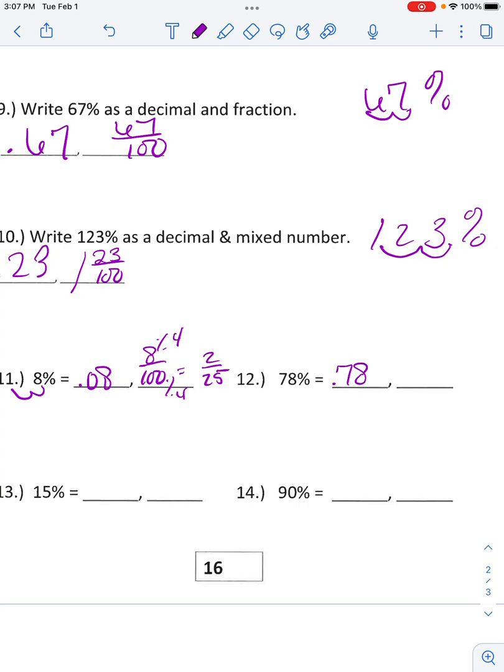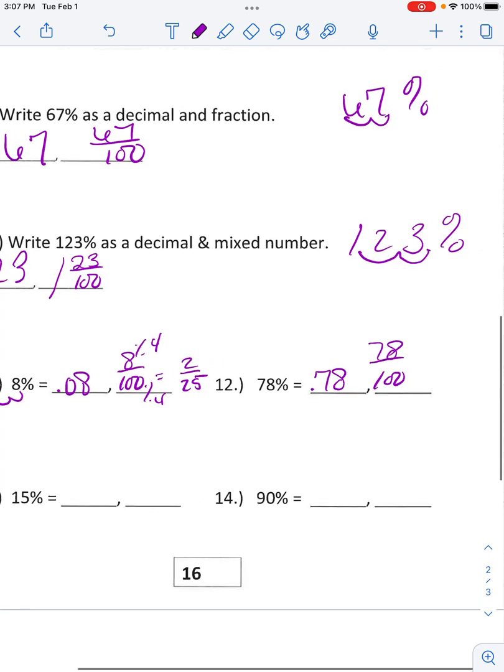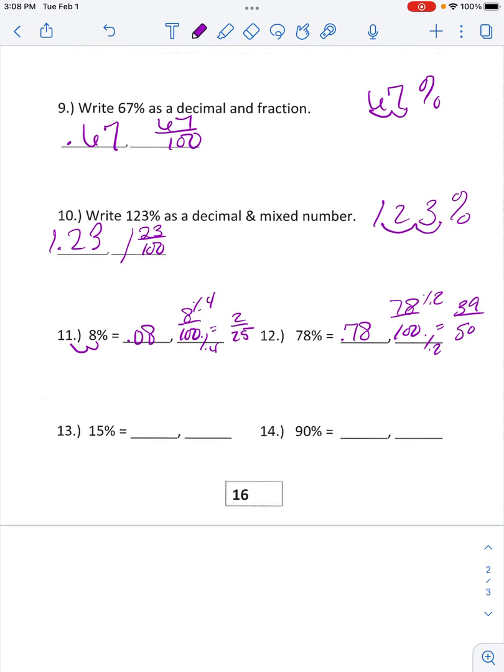78%, move the decimal twice to the left to get 0.78, 78 hundredths. And again, we're gonna simplify. They're both even. So if we simplify by 2, we'll get 39/50. 15% as a decimal, move it twice to the left.